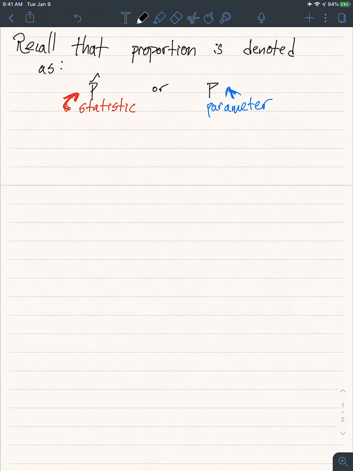So there's going to be a little bit of backstory before we get into some math. So let's start with an important definition.